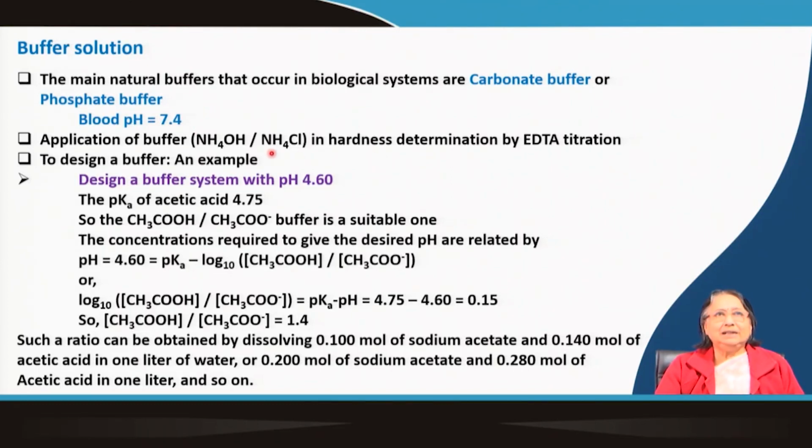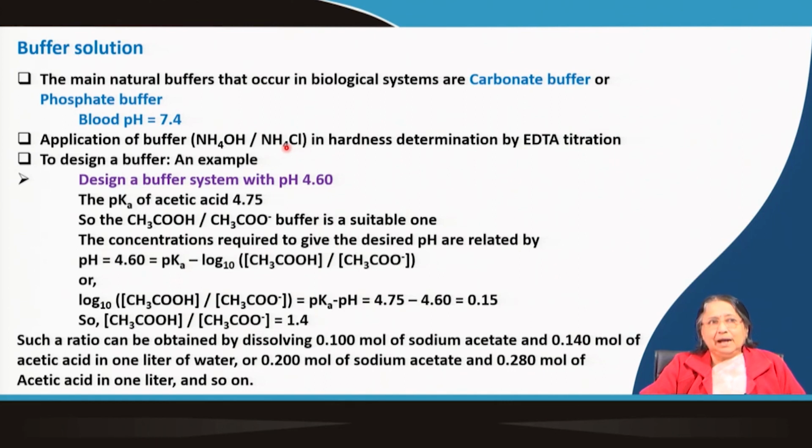Now, one application of buffer solution. Those who are from a chemistry background or from an environmental engineering background, we all do the hardness determination, right? And in the hardness determination we always use a buffer. If you remember, that buffer is the ammonium chloride, ammonium hydroxide buffer. And why is it used? It is used because we need to keep the pH in the range of 9 to 10, so that the reaction is complete.